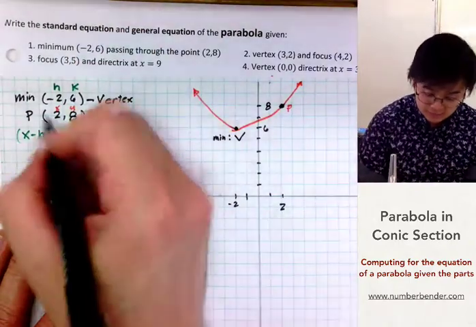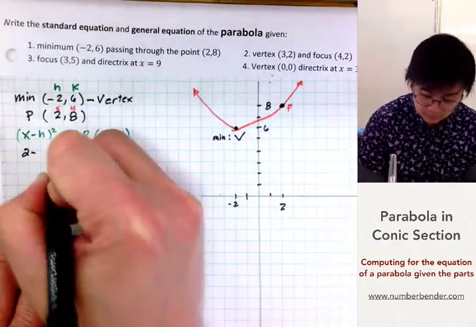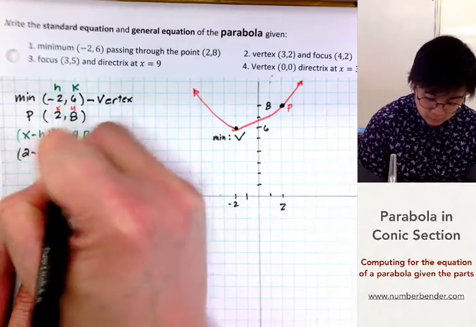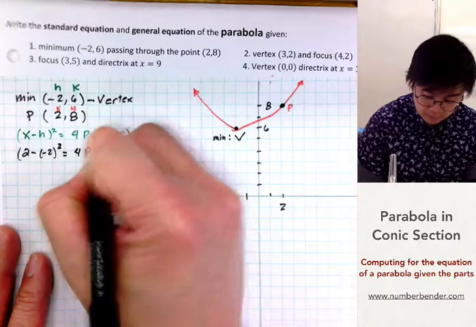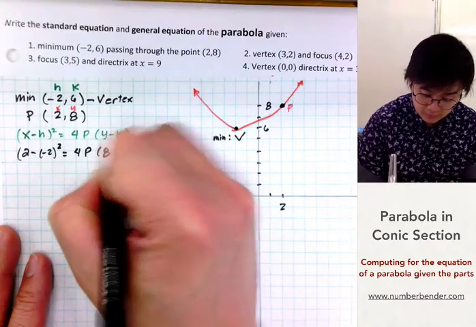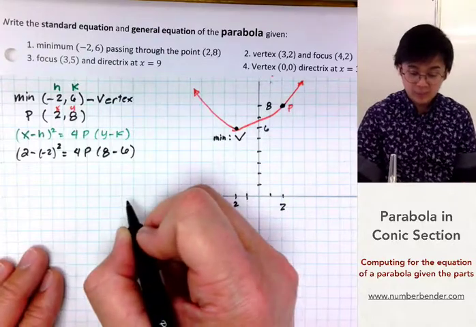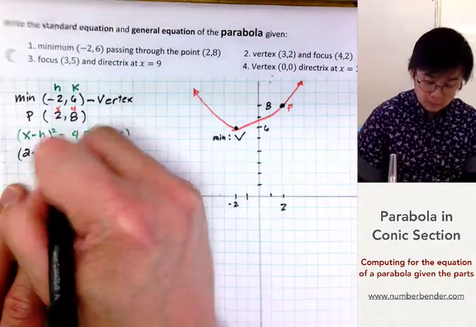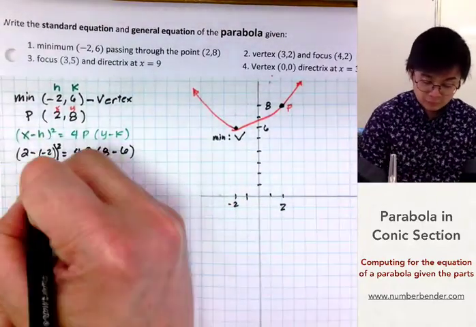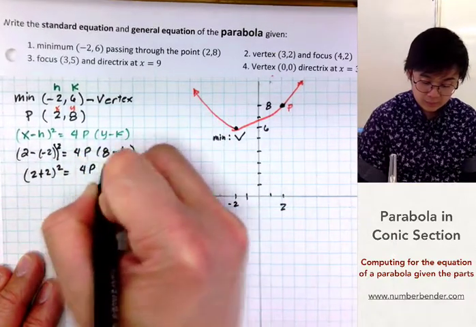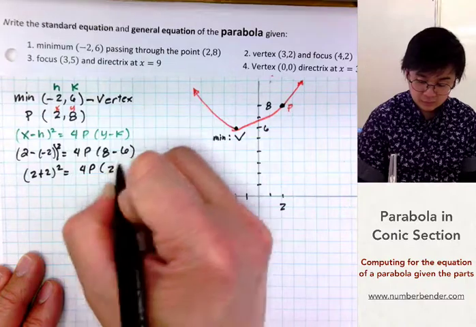So x is equal to 2 minus h, which is -2, and for p, y is 8 minus 6. And by simplifying our equation, we'll have (2 plus 2) squared equals 4p(8 minus 6), and 8 minus 6 is 2.